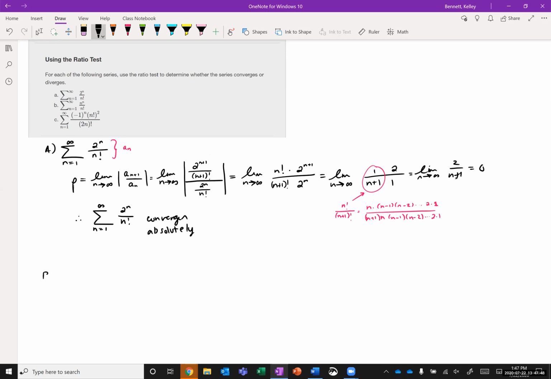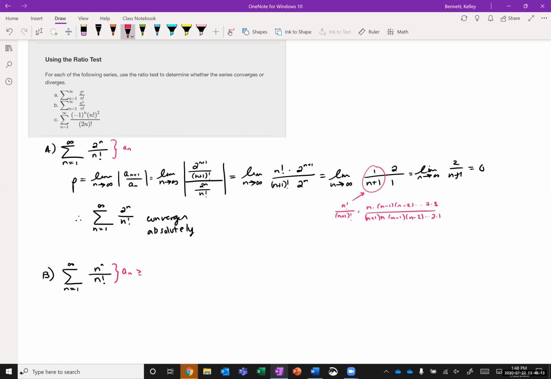For B, all right, so our a sub n here is just n to the n over n factorial.